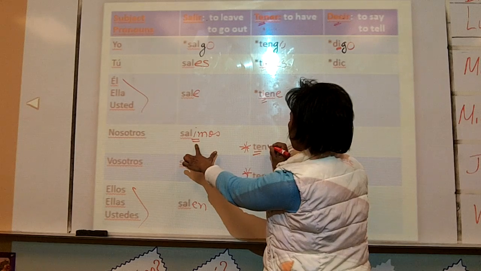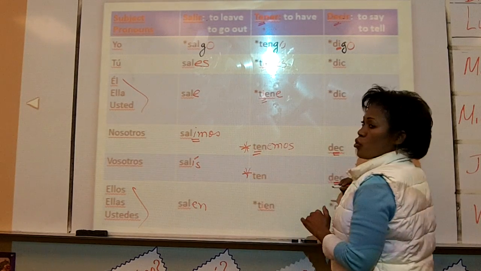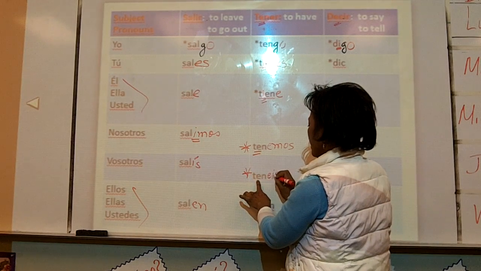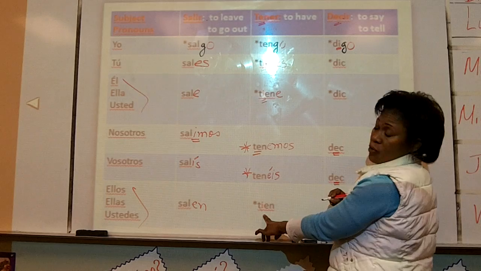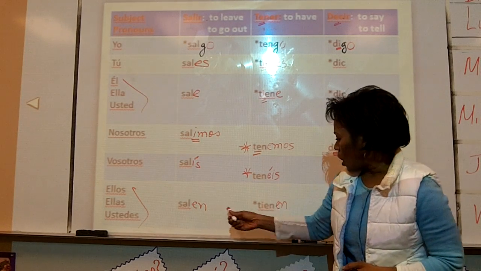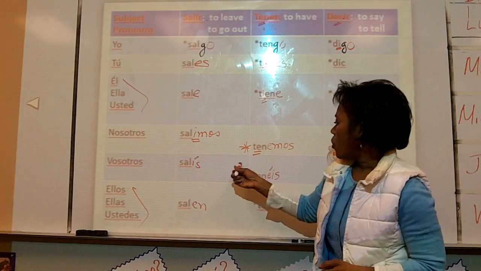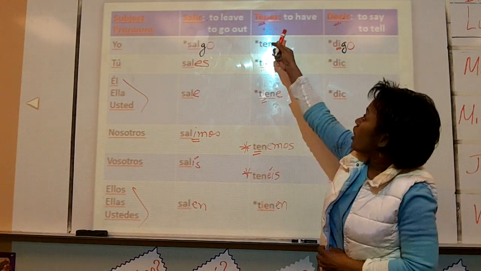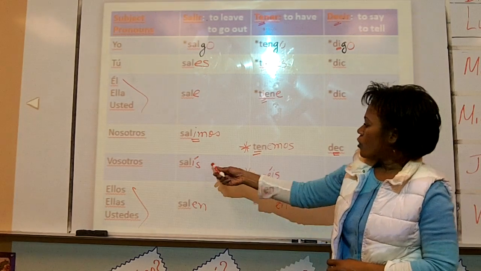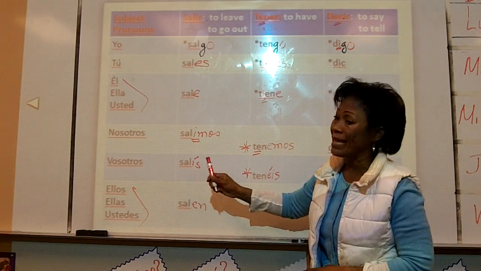So you need an E-M-O-S. Tenemos. Okay, for vosotros, tenéis. And for ellos, ellas, ustedes, tienen. Again, notice the ending. They are the same ending except for these two. Why the difference? Because for the ER, again, you don't keep the I here. Only for the IR, you keep the I.